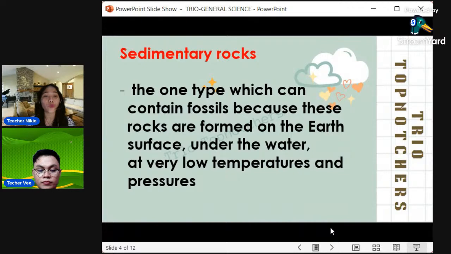Because the rocks are formed on the earth's surface under the water, so possible talaga yung life diyan, okay? So kaya makikita natin yung fossils dito. Okay? So sana ay you have to remember that. So please take note mga katreo. Dapat kung alam natin yung sagot, alam din natin kung ano yung reasons, yung explanation.